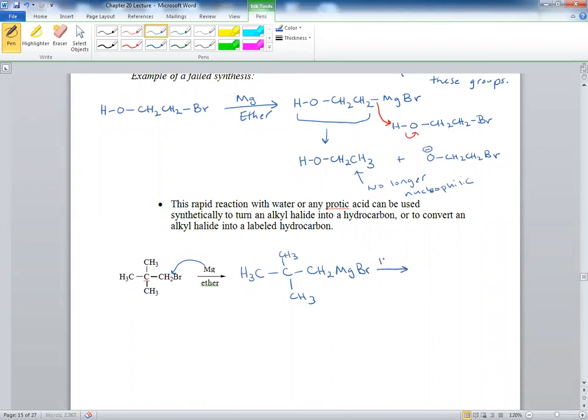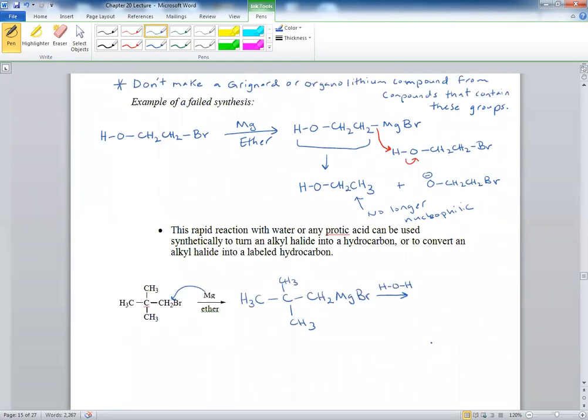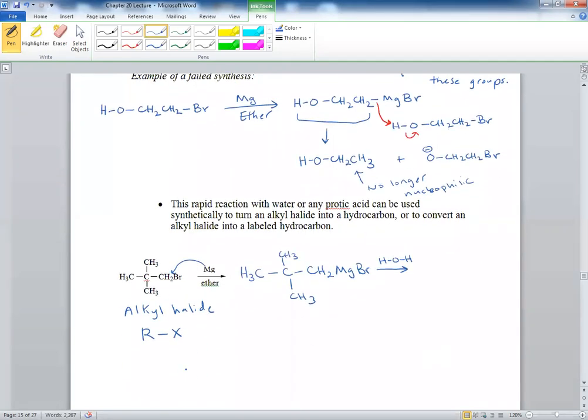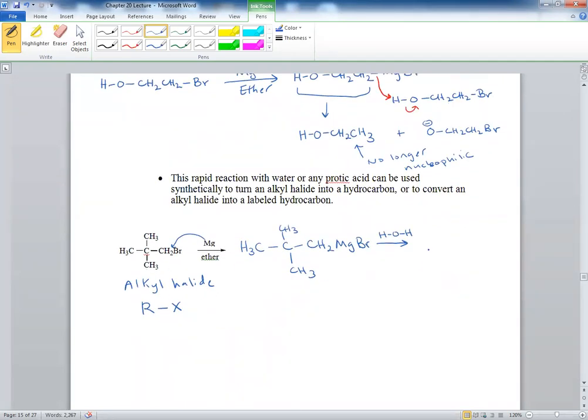So guess what? If we just add water, then we actually went from an alkyl halide, which is RX, where Br is a halogen, to a hydrocarbon, to an alkane.